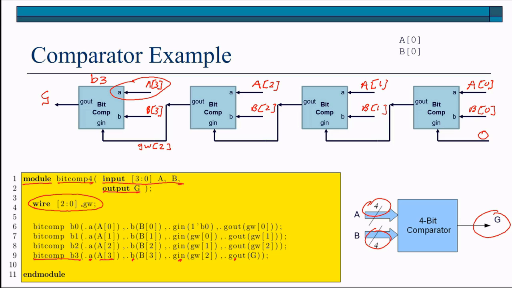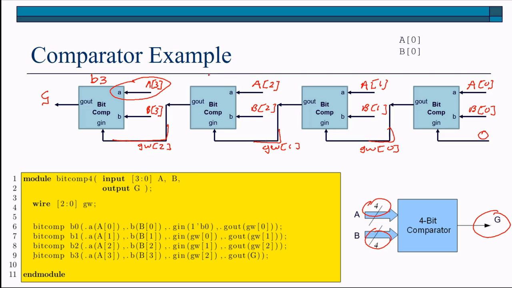And the reason it's 3 bits is that we need 3 wires. One for this wire here, another for this one, and another for this one. So we've got GW bracket 1 and GW bracket 0. So these are internal wires inside our module used to connect the output of an instance to the input of another instance.